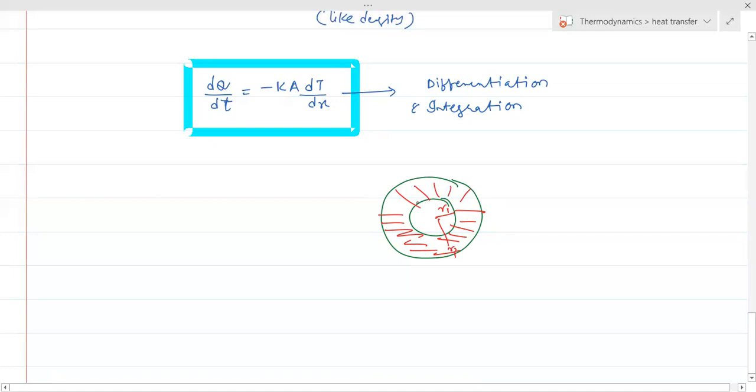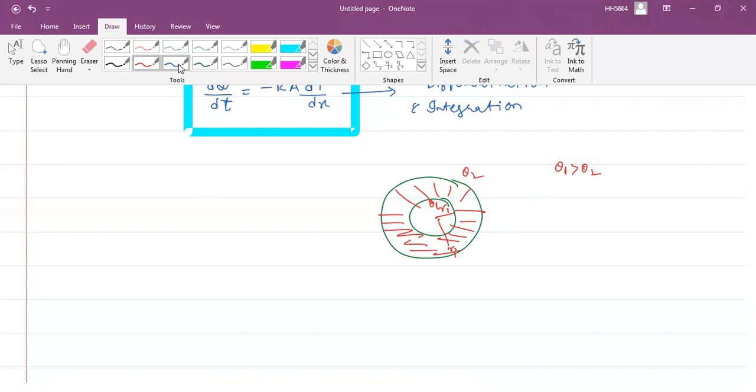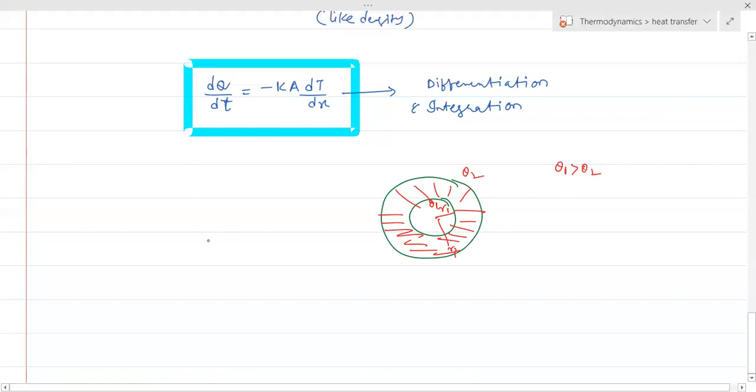We take the temperatures as theta 1 and theta 2, with theta 1 greater than theta 2. They will ask for the rate of conduction H in terms of r1 and r2.